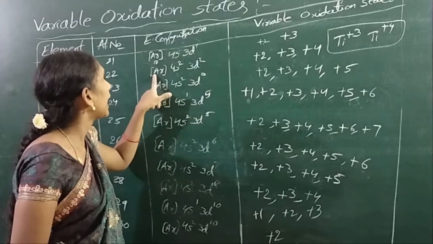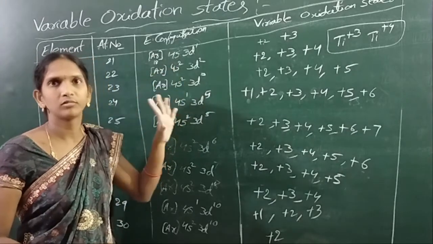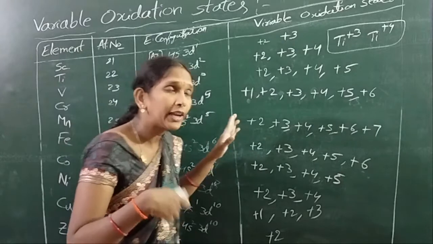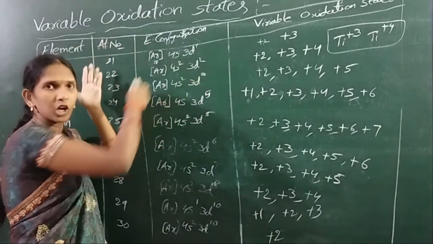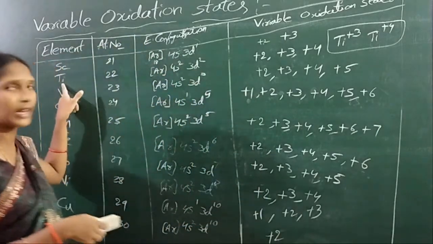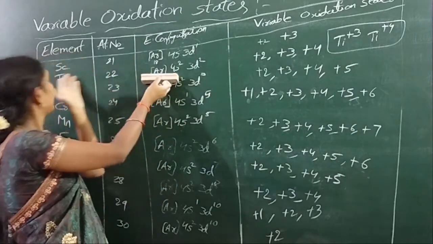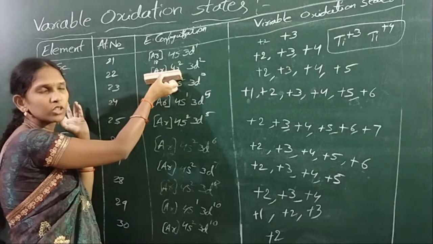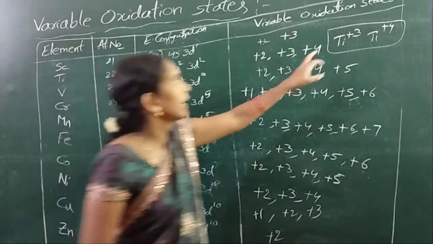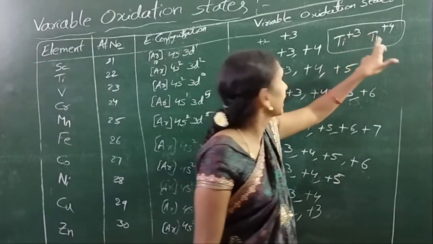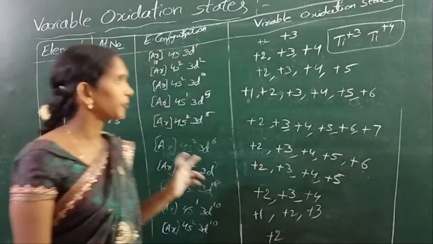If I lose 4 electrons from this titanium, then it gets argon configuration. So it is more stable. So titanium +3 is less stable than titanium +4.